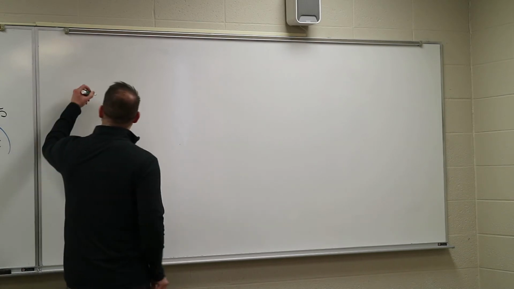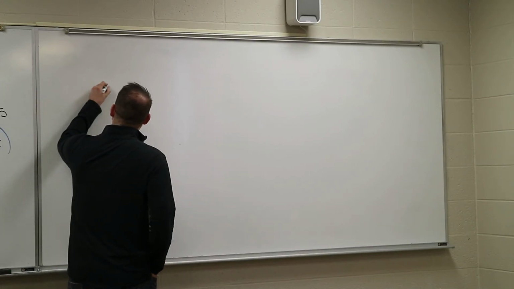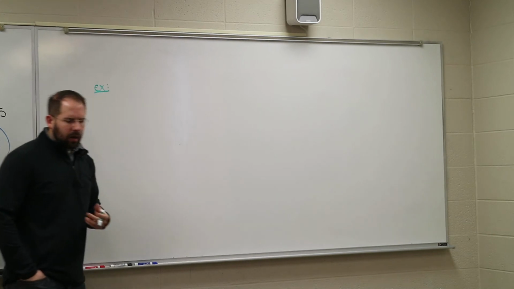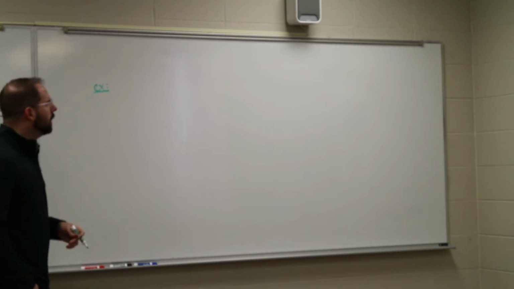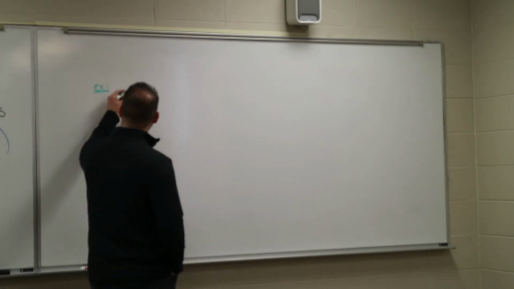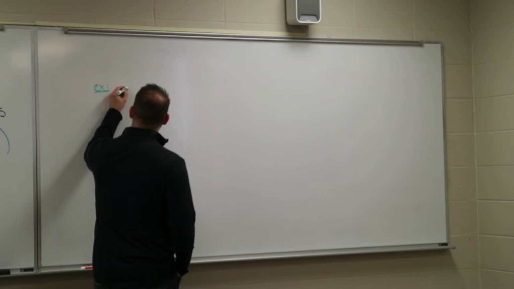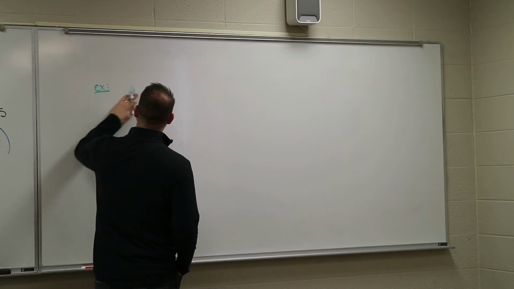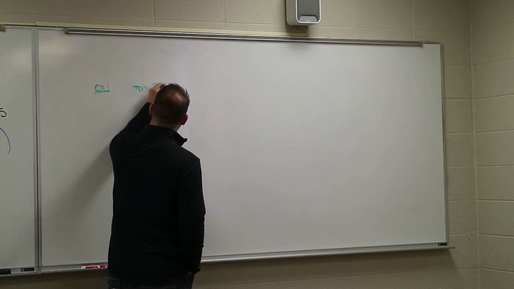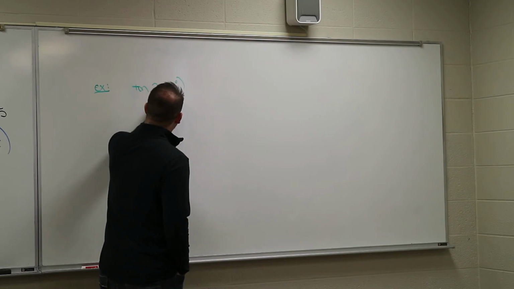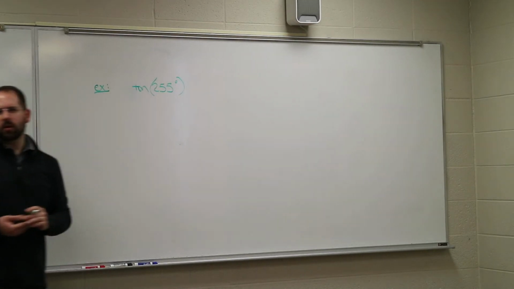All right. The example I want to cover right now. Let's try to do one where we're going to get weird numbers like we did last time. I don't want to get undefined. I actually want to do a real number. So let's go tangent of 255 degrees.